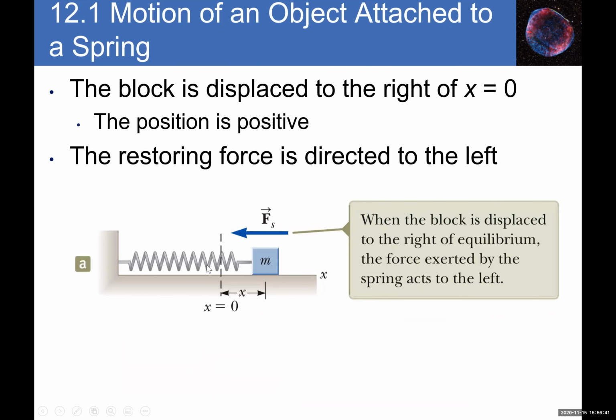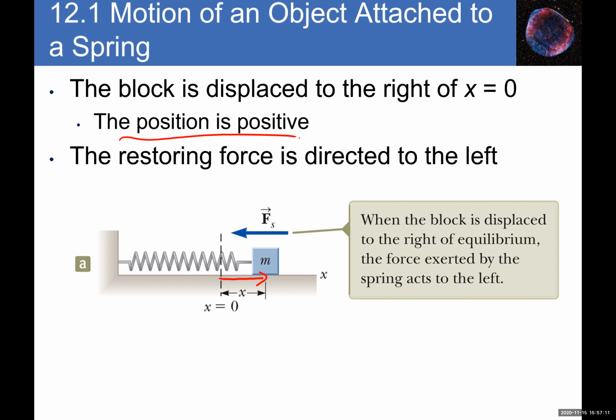All right, so let's take the block and pull it to the right, which basically makes the spring stretch. And one of the things we'll see here is our displacement is to the right. We are displacing the system to the right. Right away, there is a restoring force, the spring force. So the position is positive, and the restoring force, in this case, is going to be negative.